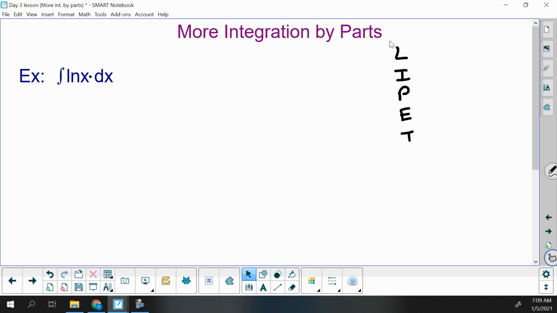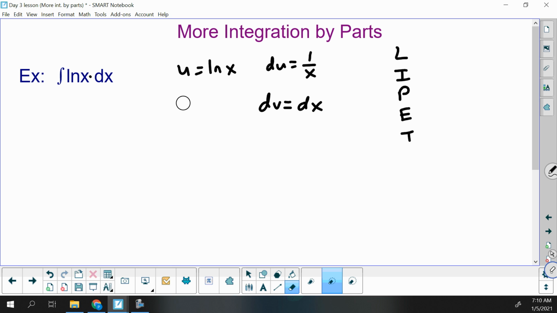The polynomial could be a monomial, exponential, and then trig. So our u wants to be natural log of x, meaning our dv, our leftover, is just dx. Du would be 1 over x, and the antiderivative of dx for our v would just be x.